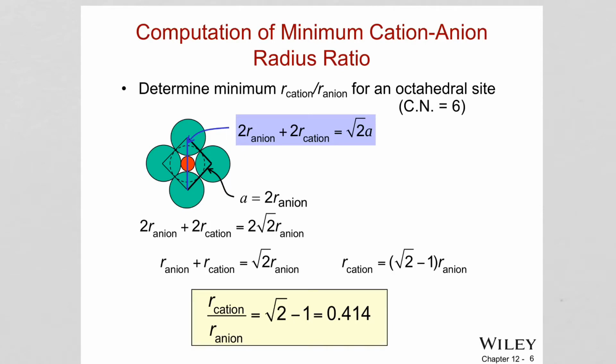Let's now see how these ratios are determined. So the ratio of the ionic radii of the cation to the ionic radii of the anion. Take an octahedral site, meaning the coordination number is 6. This is just one example here, okay?